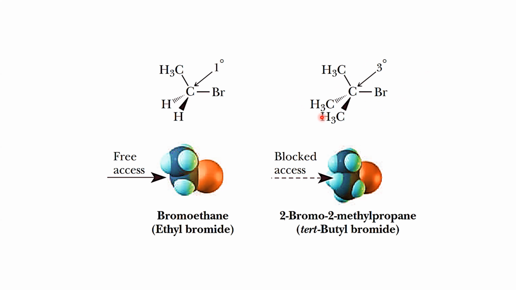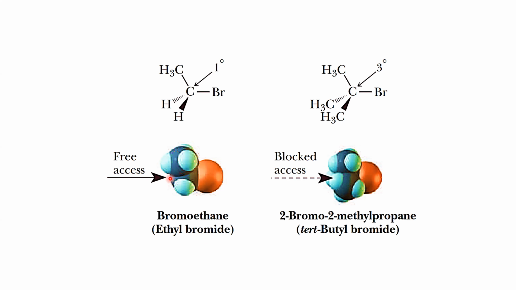So it has to attack from the backside. But here in the tertiary case, this backside is already crowded and blocked with three methyl groups. And if you compare the size of the methyl with the hydrogen, it is far bigger. So this side is blocked, and this is the space-filling diagram of the molecule, showing how they exist in terms of their volume. Here you can see this is bromoethane, ethyl bromide is the common name.